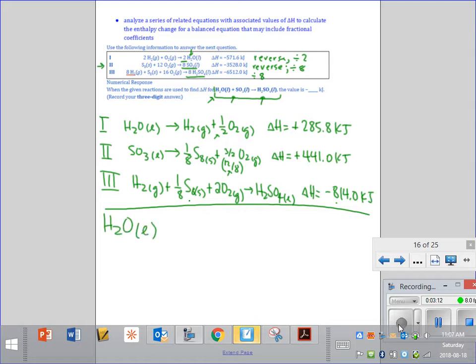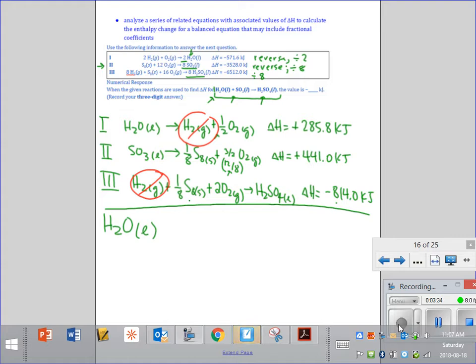So that's coming down into my overall reaction. If I take a look at hydrogen, it's not in the overall reaction I'm looking for, so hopefully it will cancel out. It shows up here and here. So there's 1 mole of it on the reactant side, 1 mole of it on the product side. So we're not going to include it in the overall reaction.